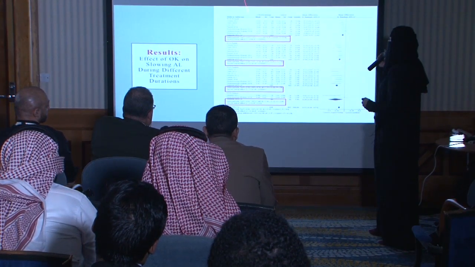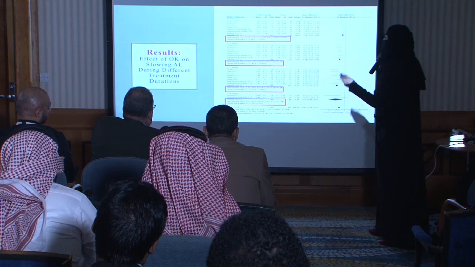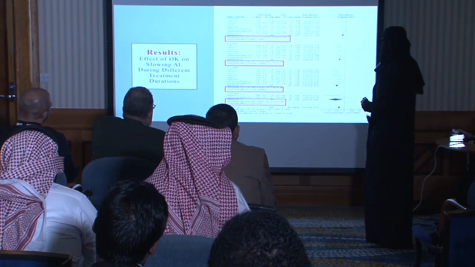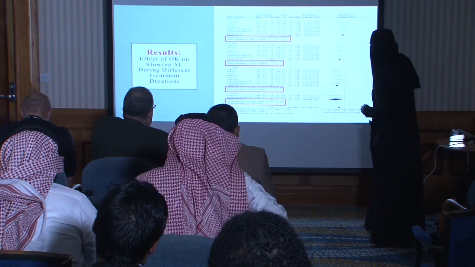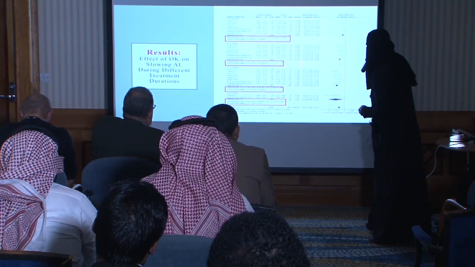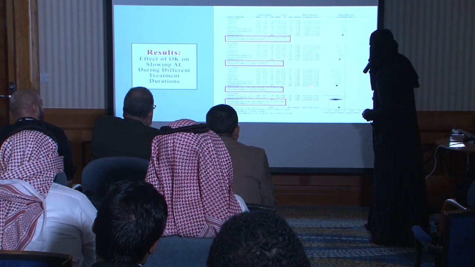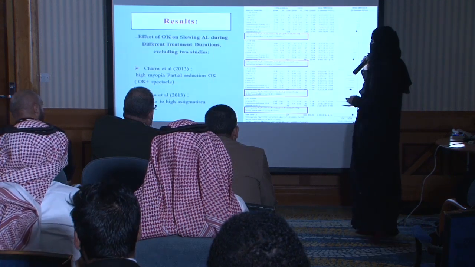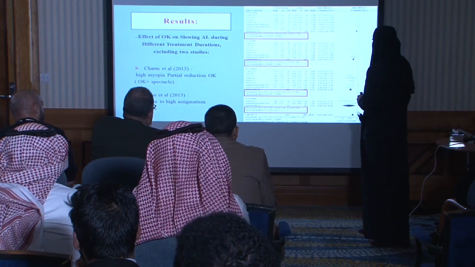And I compared the ortho-K group with the control group. Then I found that the change of the axial length was 0.09, here 0.18, here 0.25. So ortho-K is effective for controlling myopia.